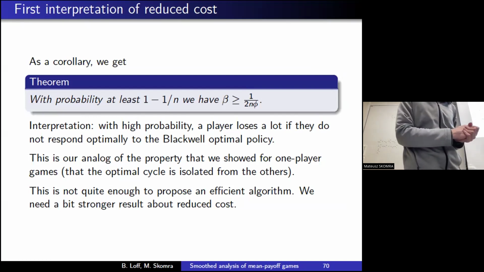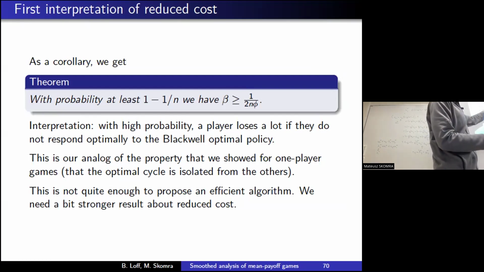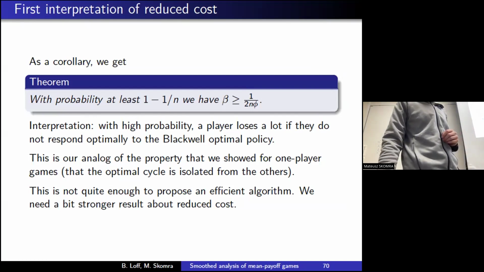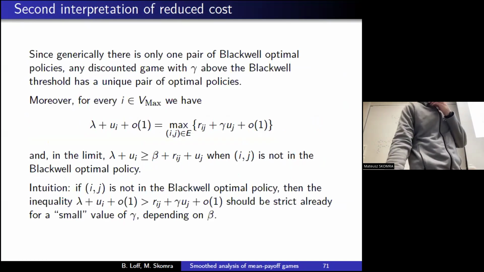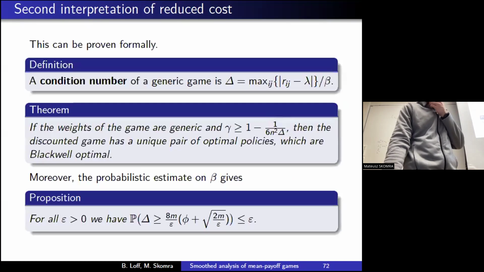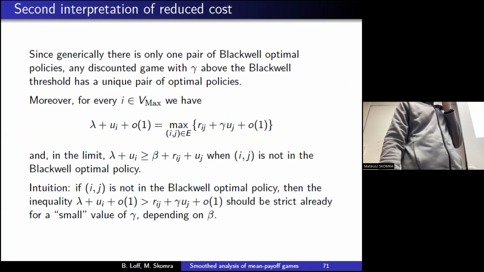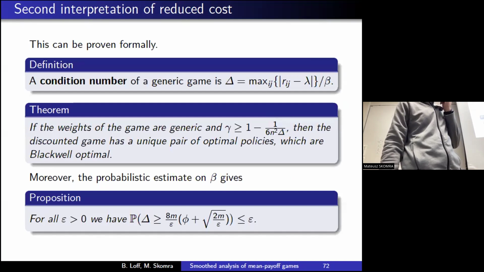So in order to do that, we studied a little bit more what happens with this parameter beta. As I told you, in this generic case, the Blackwell optimal policies are unique. It turns out that this parameter beta also measures the Blackwell threshold.